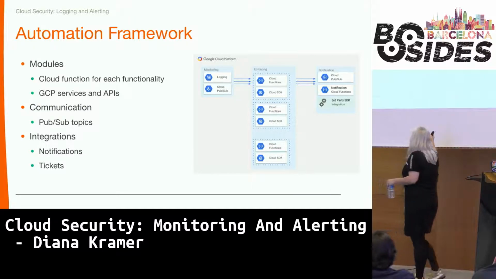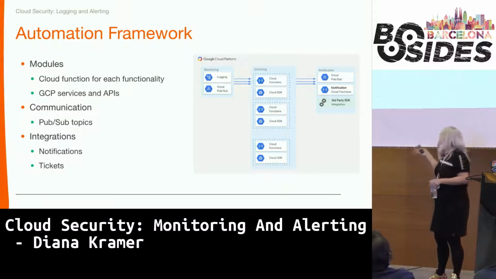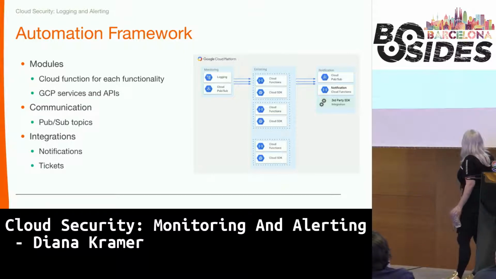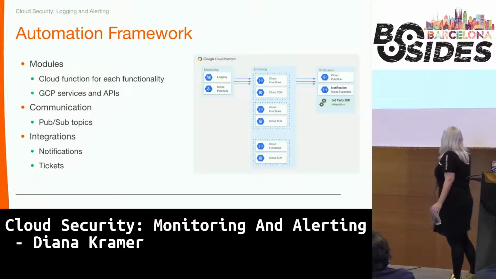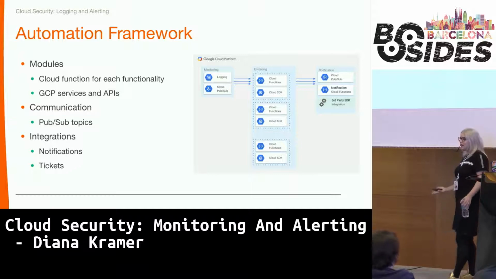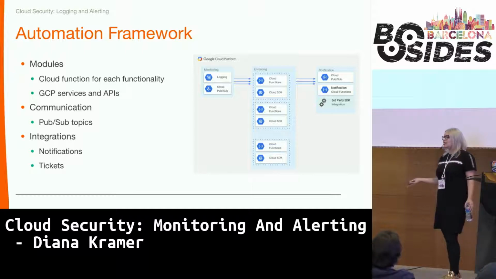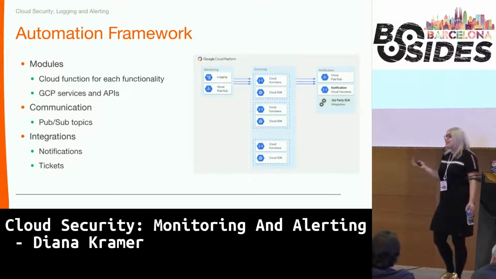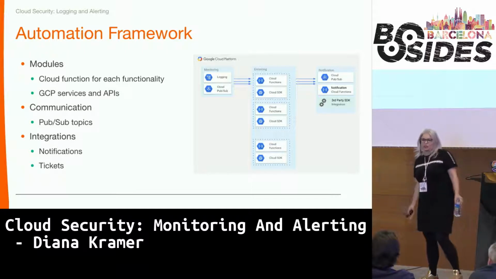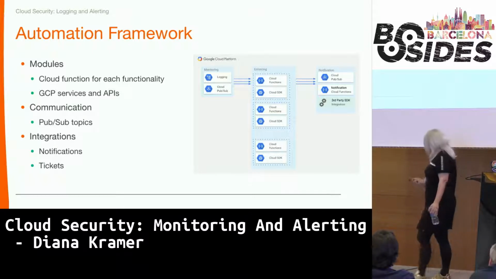And then you have several functions for each one. And the last thing is the notification module. You have a sole notification for everything or several, depending on how you go. And you might have one that directly sends to Slack and notifies the user, or just opens directly an incident ticket in your incident response framework.